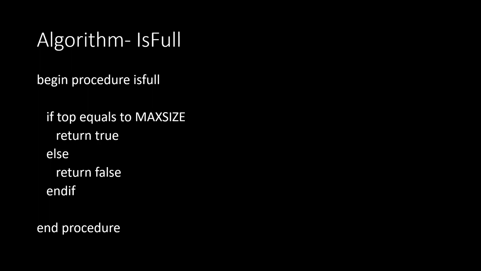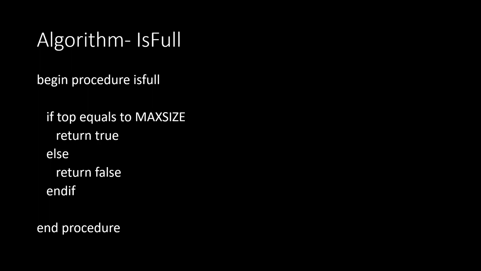So the is full check is like, if your top, because top is kind of a running counter, you can say, it is capturing what my size is at any given point in time. So if it is already equal to the max size, the size of the stack that is defined previously, it will say that okay, it is true, it is full.